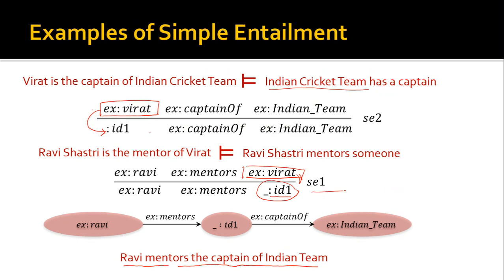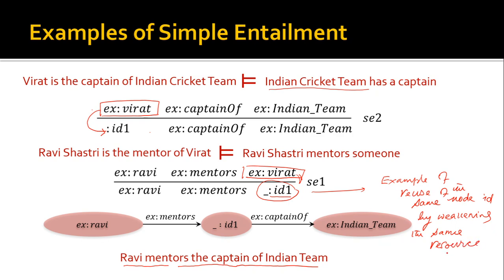This is an example of reuse of the same node ID by weakening the same resource, and in this case the URI, right?